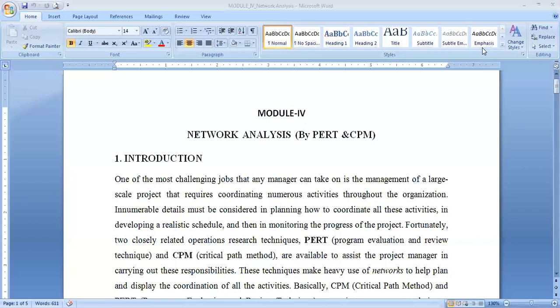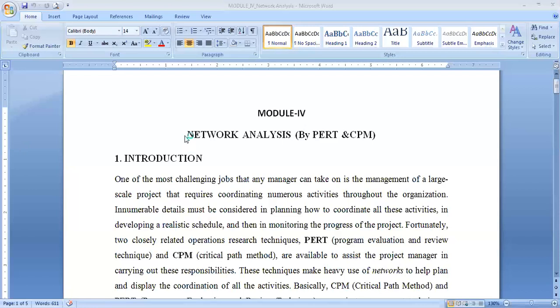The most important thing to be understood here is that this network analysis, which PERT and CPM use, is meant for planning, execution, expediting and controlling of the project. This network analysis is meant for project management.